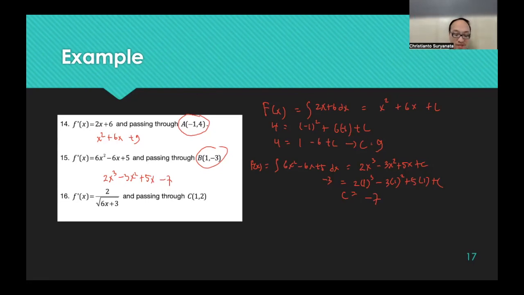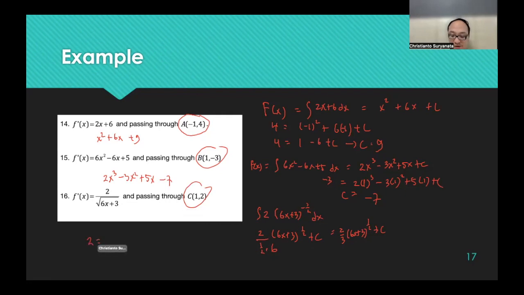The last one, it's the integral of (6x plus 3) to the power of minus half dx. So it's (6x plus 3), the power plus 1 becomes half. So divided by half and then divided by 6. Let's see. So this equals 4/6, so 2/3, (6x plus 3) to the power of half plus c. And then we replace 1, 2.